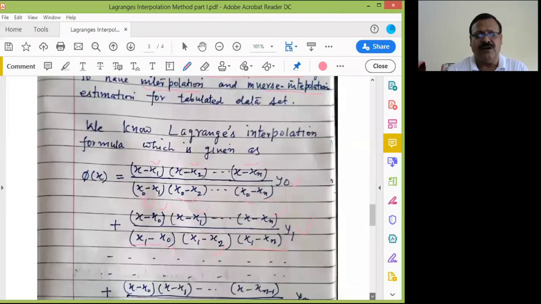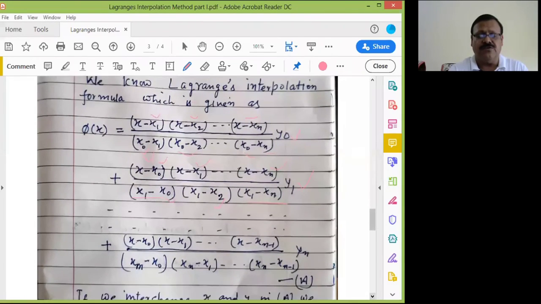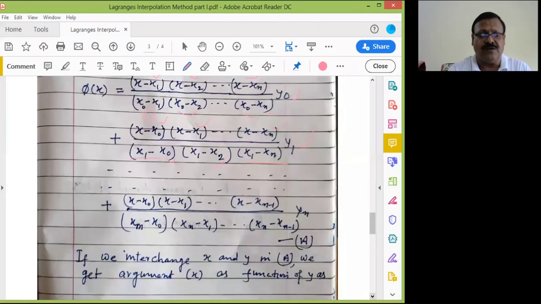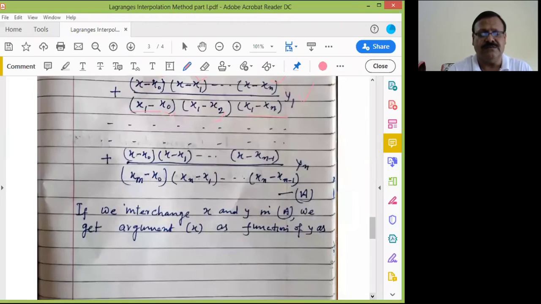So this kind of formula you need to remember by setting your pattern of the formula. Otherwise, there is a chance to commit an error while writing the formula and substituting the values.